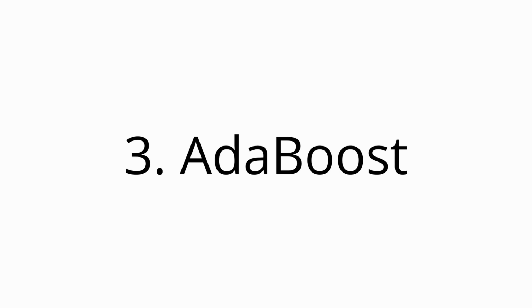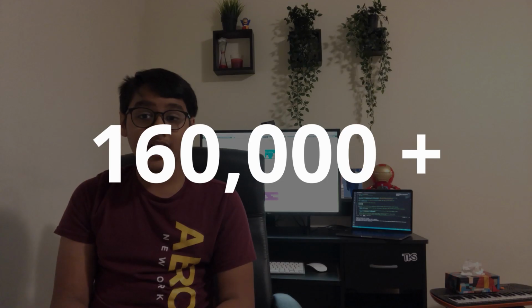Okay, so now we are on step 3. As I told you, step 3 is about implementing a technique known as AdaBoost. If you didn't know, there are actually many of these Haar features. There are more than 160,000 of them, and that's a lot. Many of these features are not even useful for detecting edges and a face. That's why, to make this process a lot simpler and to use Haar features which are actually good at detecting the face, we use this technique known as AdaBoost, which basically implements all those Haar features one by one to create weak classifiers.